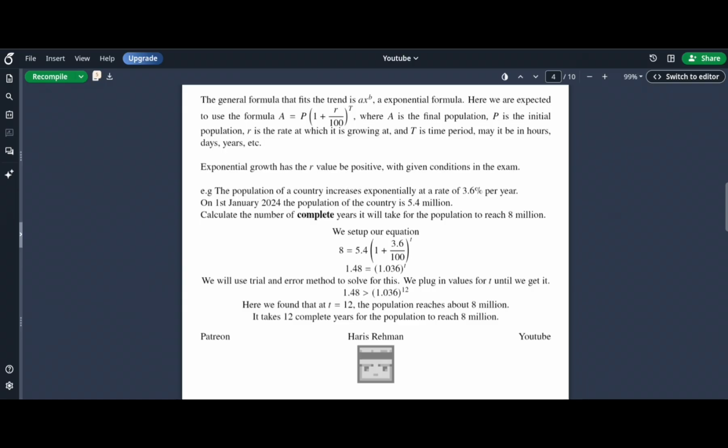If we see increase and R% growth, this means the value of R will be positive. This plus will be a plus with given conditions in the exam.